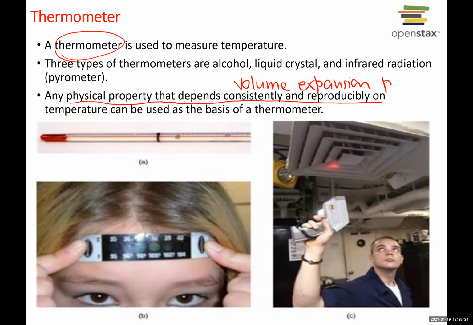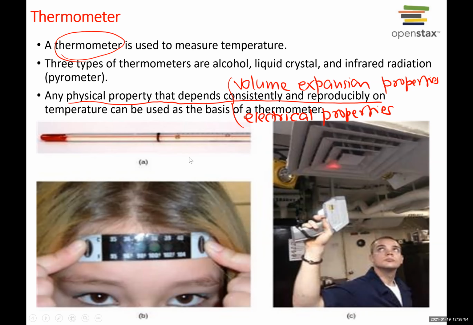In some thermometers, we can also consider the change in electrical properties with temperature. So different kinds of thermometers could take different kinds of physical properties of substances.